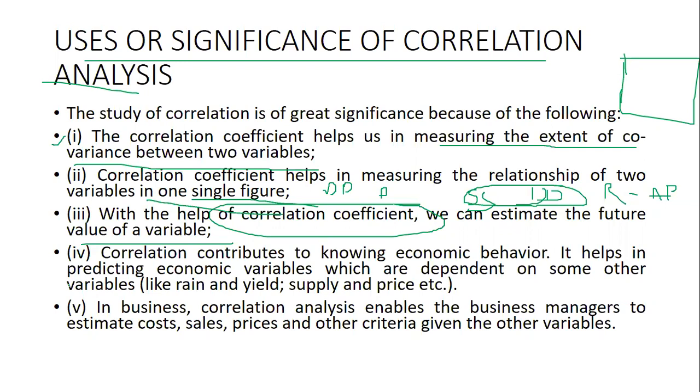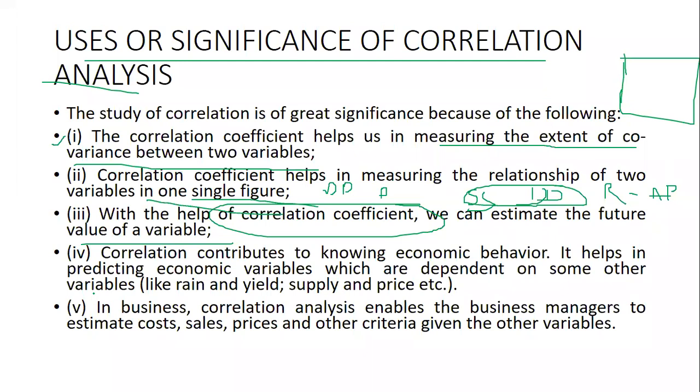Then correlation contributes to knowing economic behavior. It helps in predicting economic variables which are dependent on some other variable. Now here we took rainfall and agricultural produce. Agricultural produce is dependent on rainfall. If there is no rainfall at all and there is no water anywhere, then it's the problem of drought.